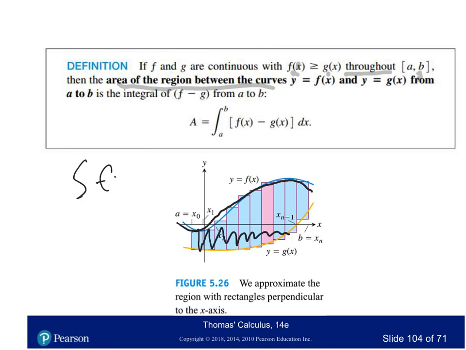The area bounded by f, I'll put it in red, would be a little bit of negative, and a lot of positive. The area bounded by the axis and g is all the way up to a, wherever a was at, to the function to the x-axis.